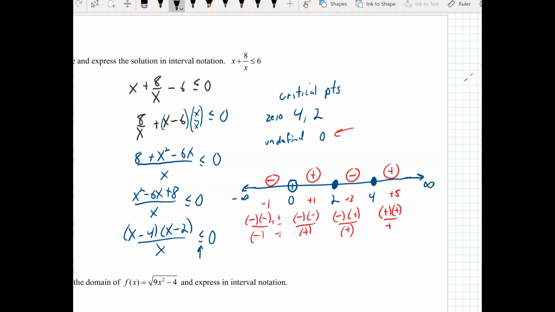The intervals that I want are the ones that are less than, so I want the negative intervals. So my final answer would be negative infinity to 0, not including 0, and then from 2 to 4, including both endpoints.